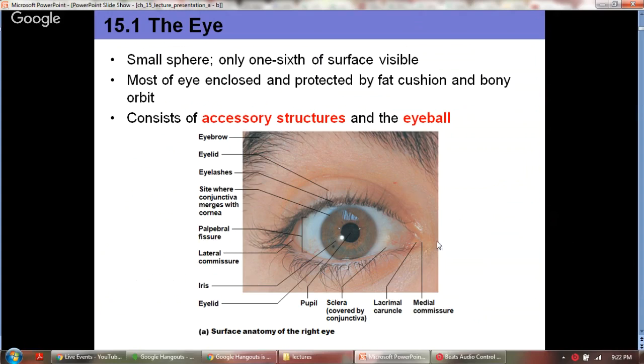As you can see here, you would see the surface anatomy of the right eye: the eyebrow, eyelid, eyelashes, the site where the conjunctiva merges with the cornea, this rim area, the palpebral fissure, the iris, as well as the pupil, and so on.